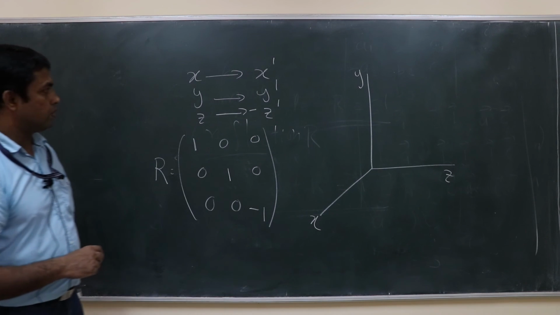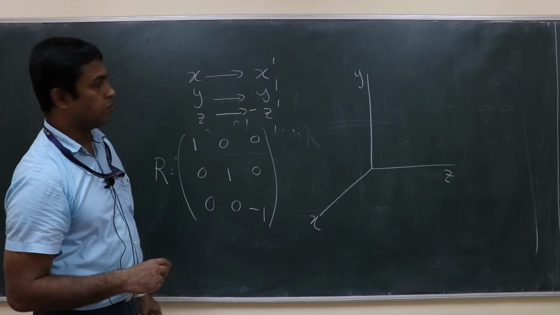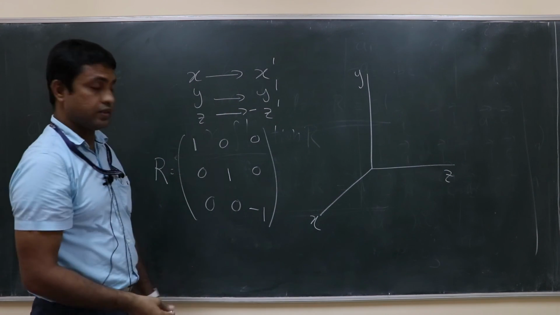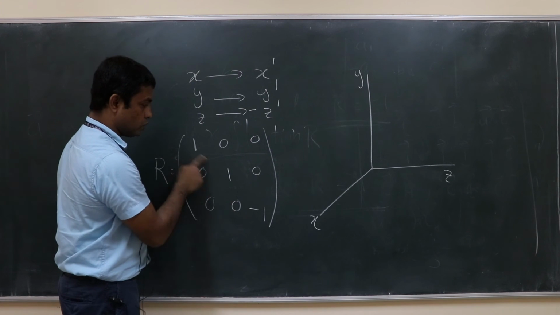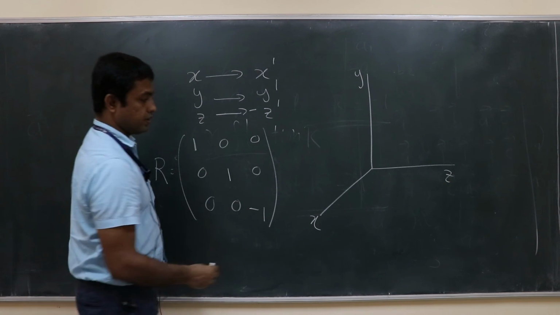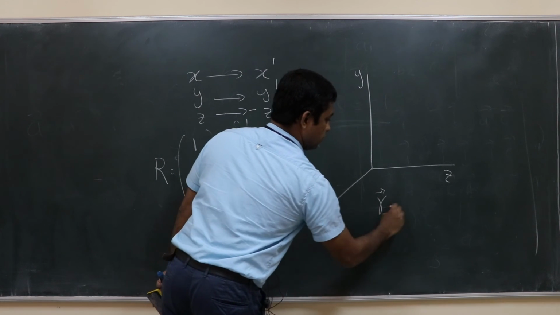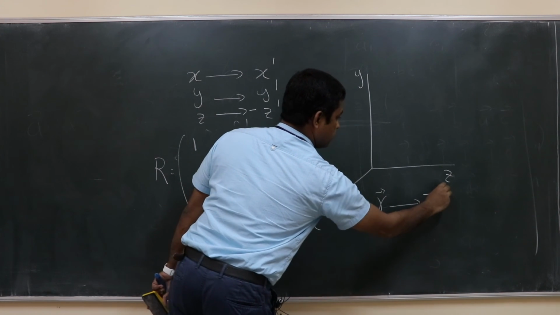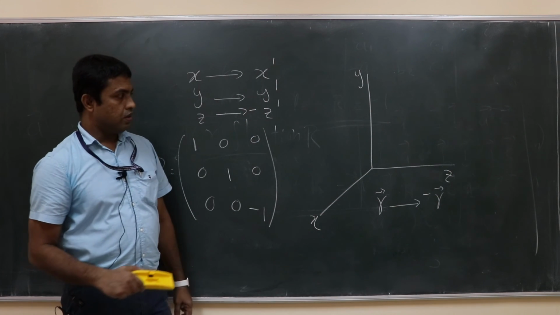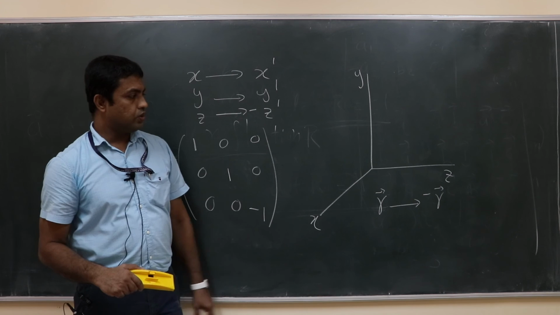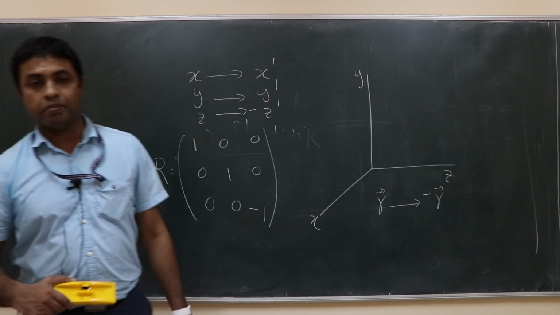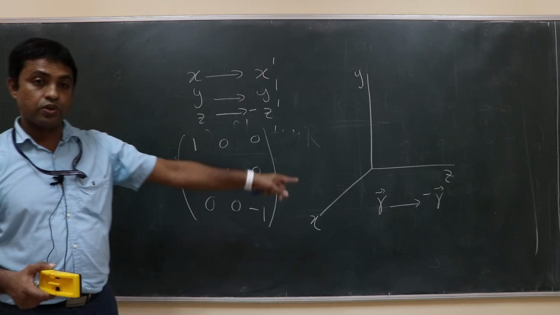Similarly, in the parity transformation, x goes to minus x prime, y goes to minus y prime, and z goes to minus z. So all of these are minus 1, minus 1, minus 1. Basically R going to minus R. So that is a parity transformation. In that case also the determinant of R is minus 1, so that is also an improper rotation.